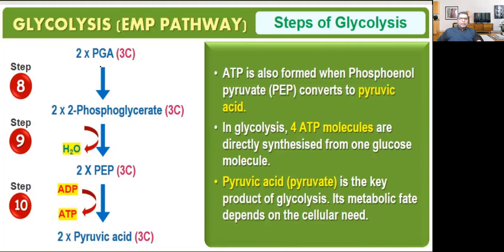Step number 8, PGA is converted into phosphoglycerate. ATP is also formed when phosphoenol pyruvate, PEP, converts to pyruvic acid. Then phosphoglycerate is converted into PEP. PEP stands for phosphoenol pyruvate.